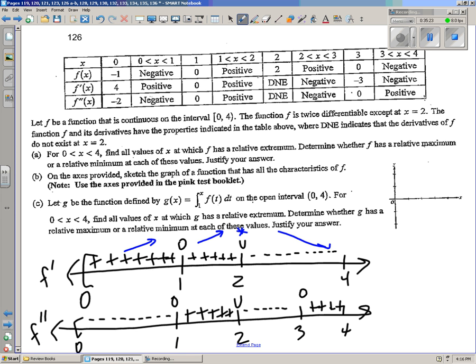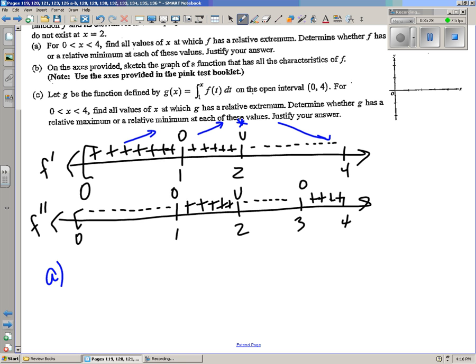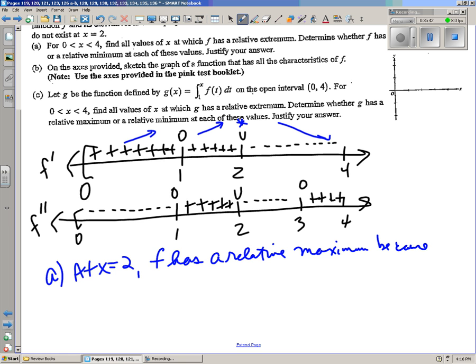So part A is: at x equals 2, f has a relative maximum because f prime changes from positive to negative.